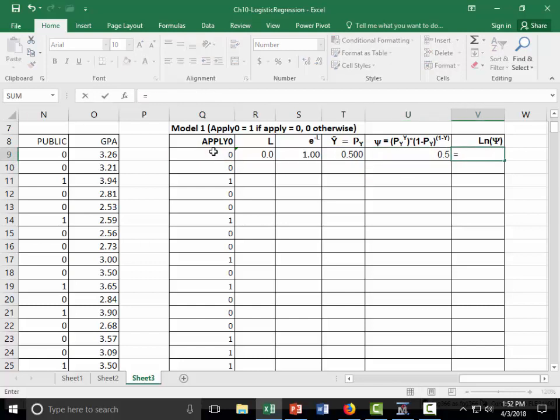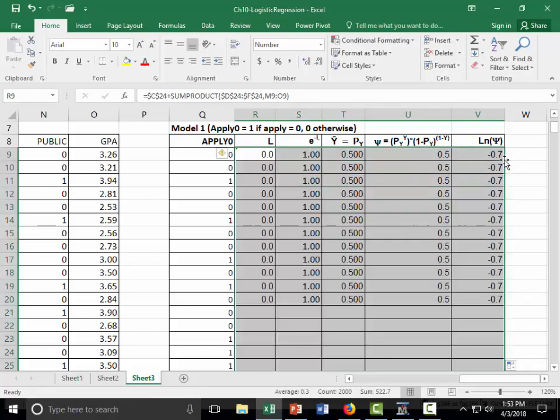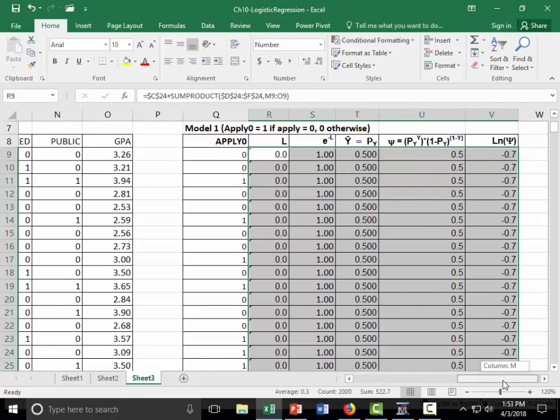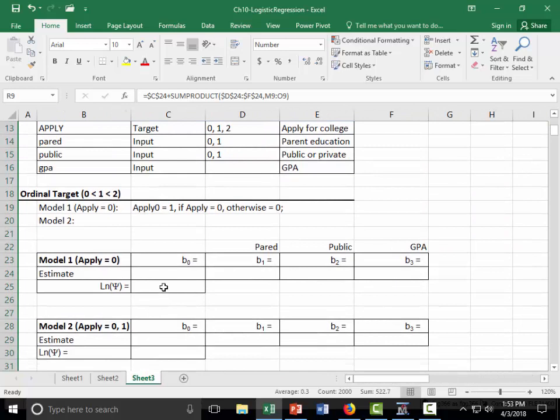Then we have a log function, logarithm of that. Okay. And then we can sum that logarithm here.